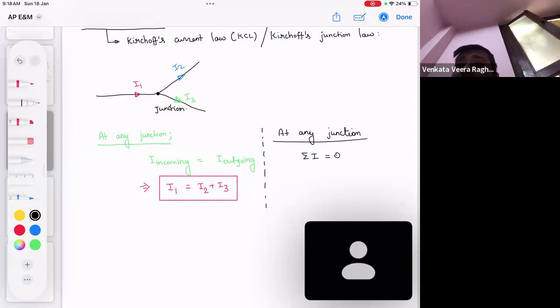If I consider incoming current positive, outgoing current will become negative.